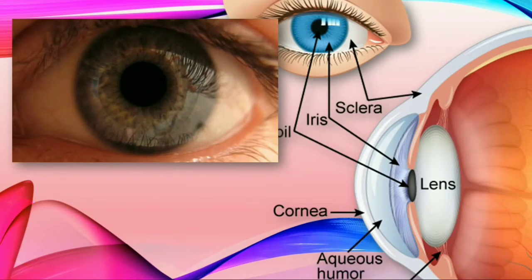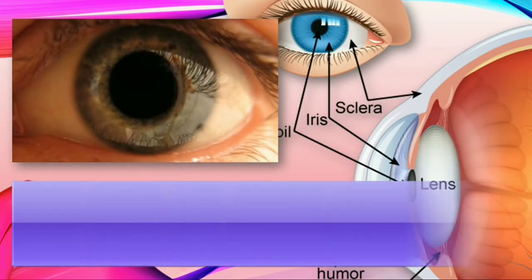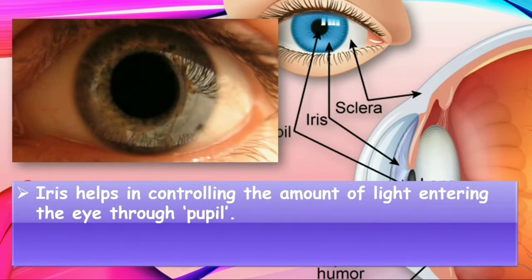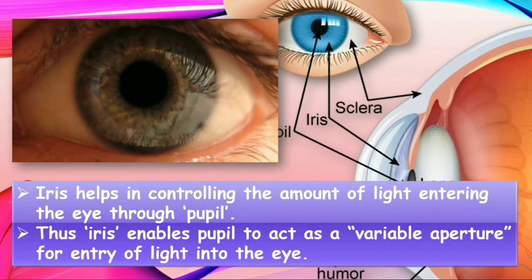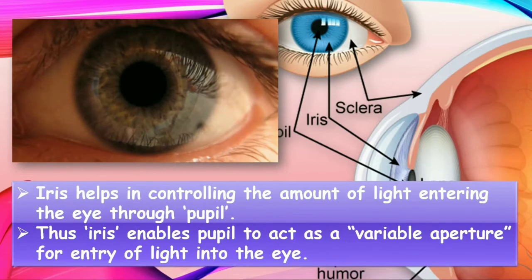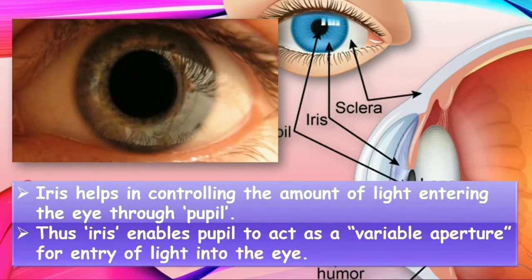And now you can see the movement of the muscular diaphragm and the expansion and contraction of the pupil. Iris helps in controlling the amount of light entering the eye through the pupil. Thus, iris enables the pupil to act as a variable aperture for entry of light into the eye.